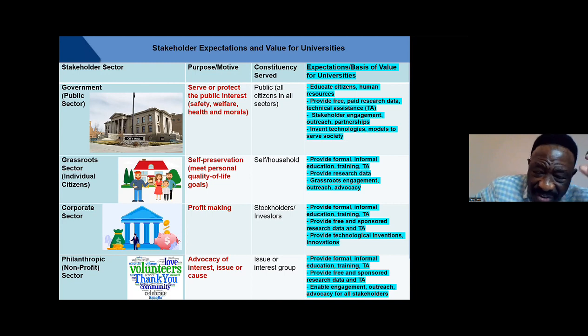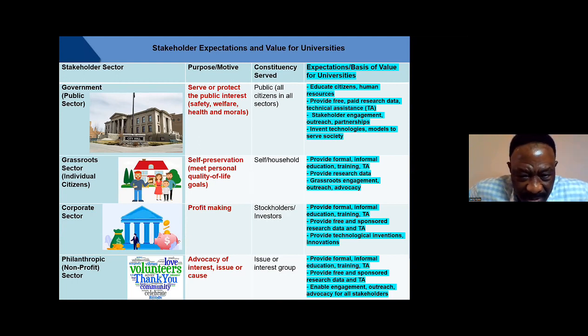Very simply, the credibility of universities depends on how we perform or how we meet these expectations. So let's take the corporate sector, for example, the profit-making sector. If you start talking about advocacy and community outreach, it's not as important to stockholders and investors as advocacy and outreach would be for philanthropies.